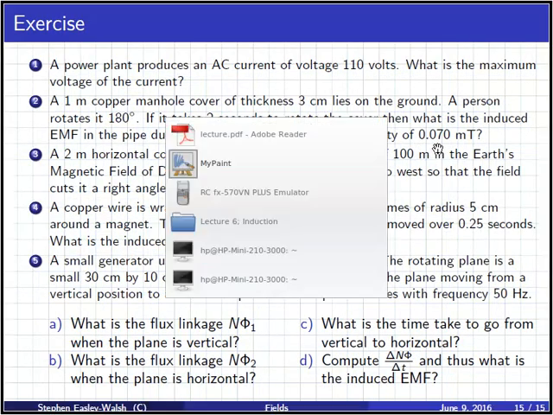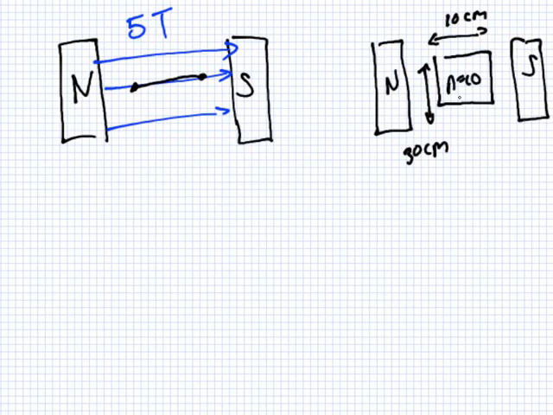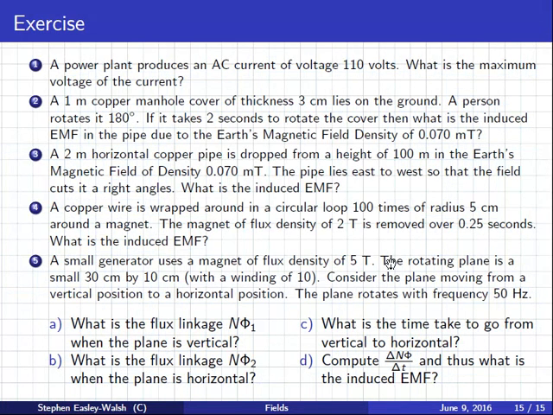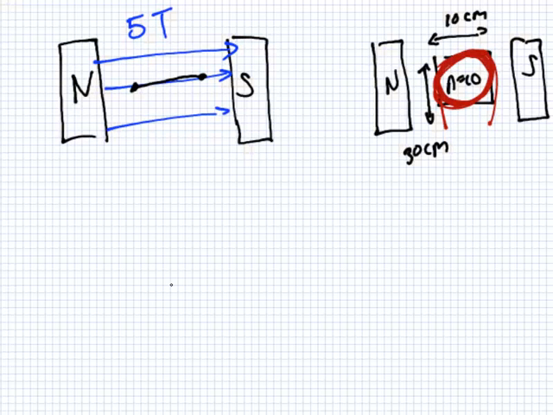Okay. And there's 10 loops on it. So the wire that's on it wraps around 10 times and then comes out. So we know the N is 10. Oh, I wrote that there. N is 10. What else are we told? The plane moves from a vertical position to a horizontal position.